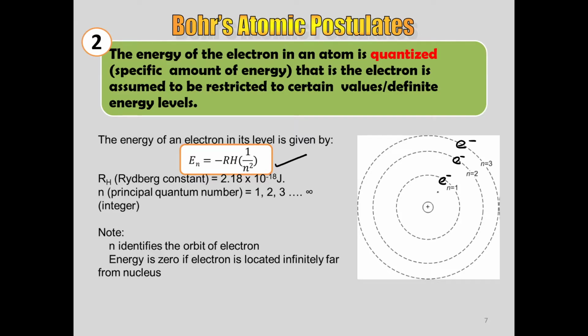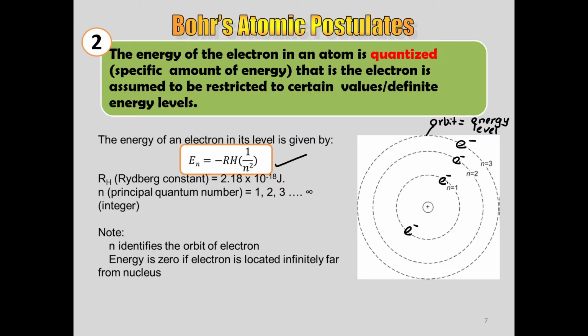So maksudnya tak kisahlah dia duduk sini ke, dia duduk sini ke, as long as it is in the same orbit ataupun energy level, okay, the energy is the same. Okay, it makes sense lah sebab jarak dia sama. Okay, so it is defined by this equation.